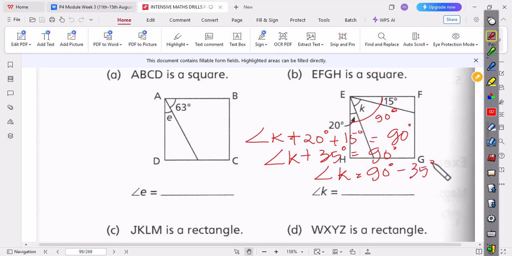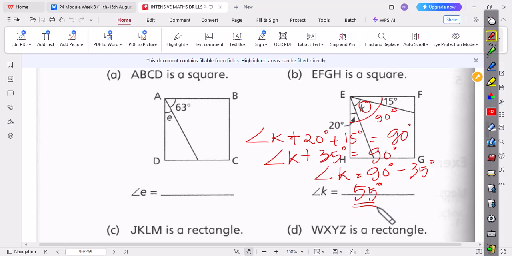And the result is 55 degree. So this is the value of K, 55 degree. Here is the way to find the missing angle by using the characteristic of the square, because we know that the square has 90 degree for each.